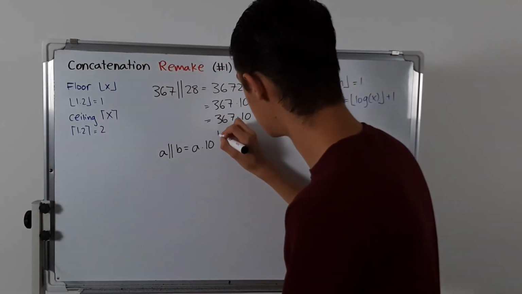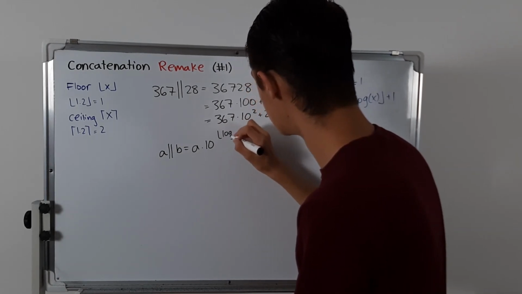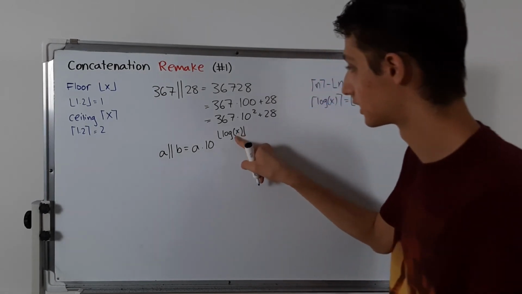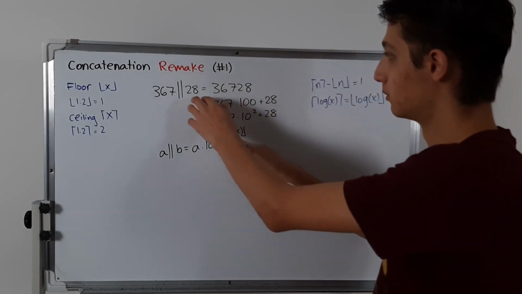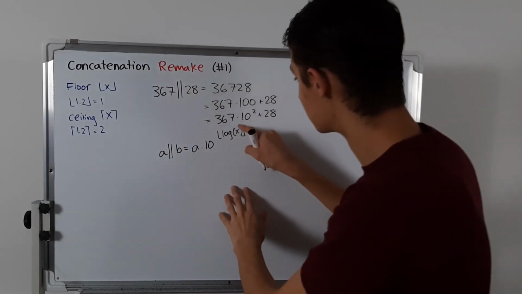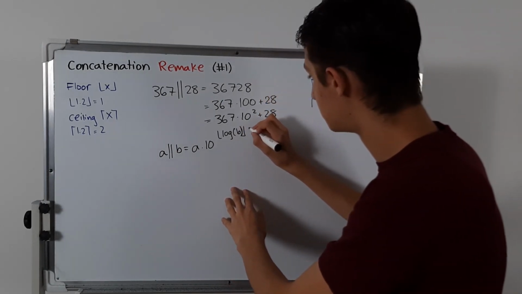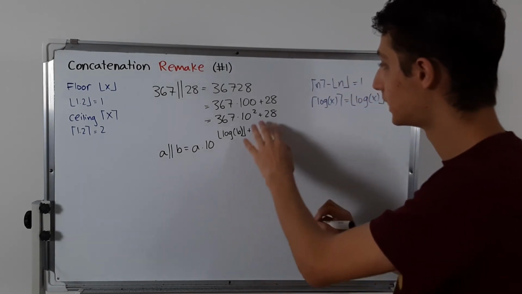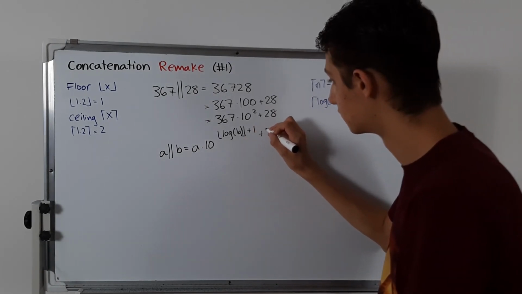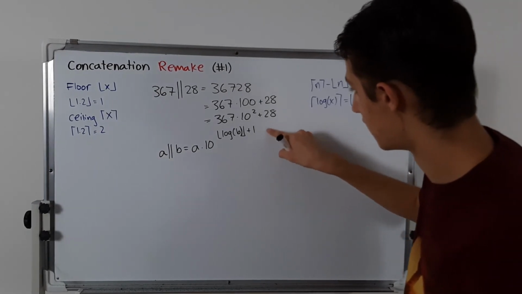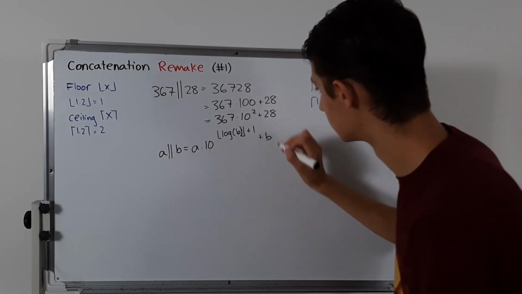So the floor of log of, but not x actually, it's going to be of the second number, b, right? Because we just want to find how many digits that has. Plus 1. And then of course we add the b at the end, plus b. Let me make that explicit that it's not in the exponent, so plus b, like that.